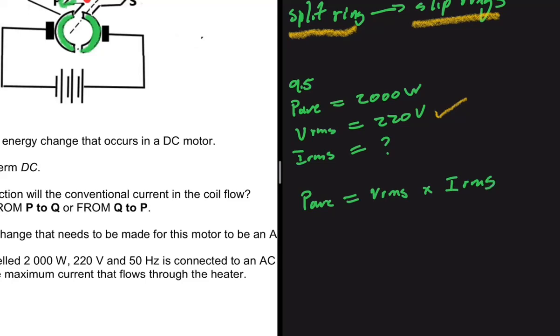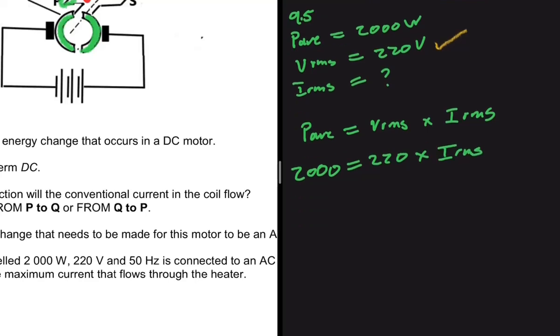Nothing new, because we know from electricity that the power is equal to the voltage multiplied by the current. So the average power, that is 2000 watts, equals 220 multiplied by IRMS. We just divide both sides by 220 and get that IRMS is equal to 9.09 ampere.